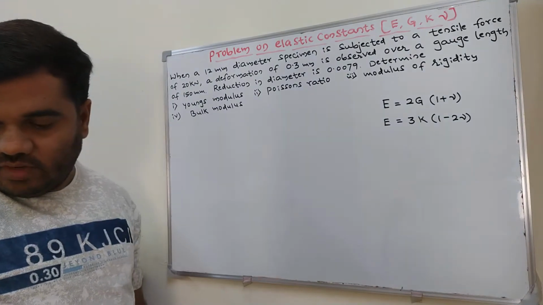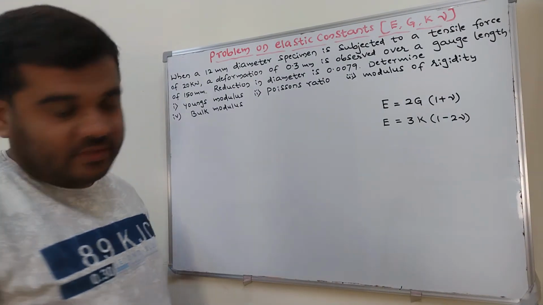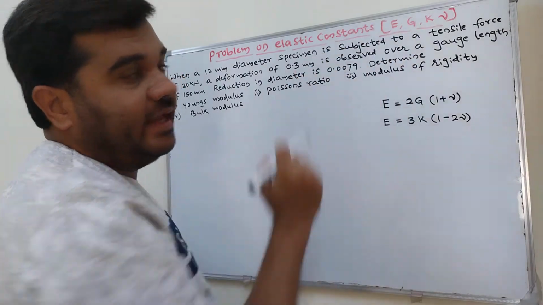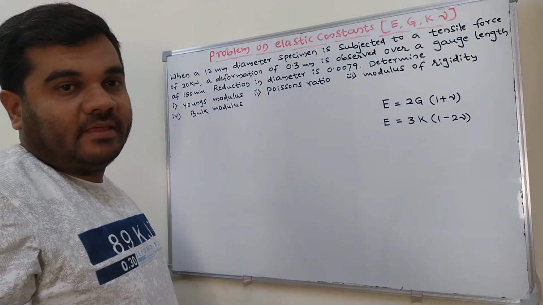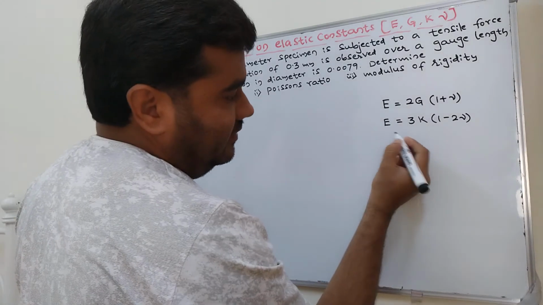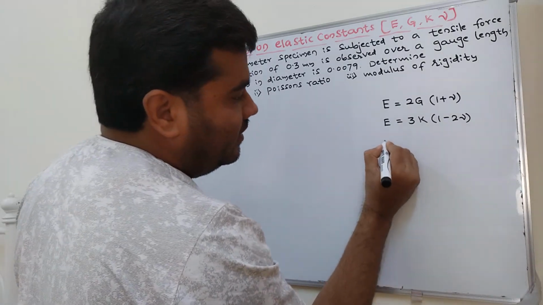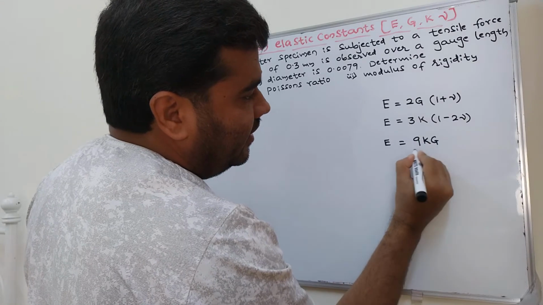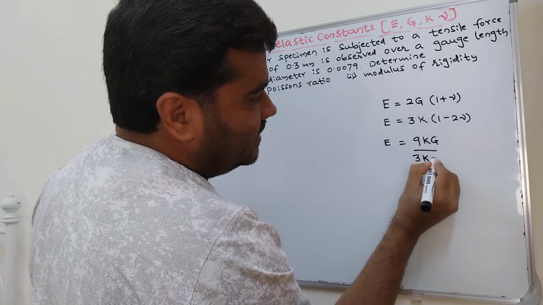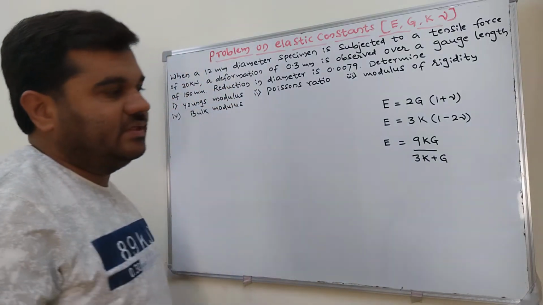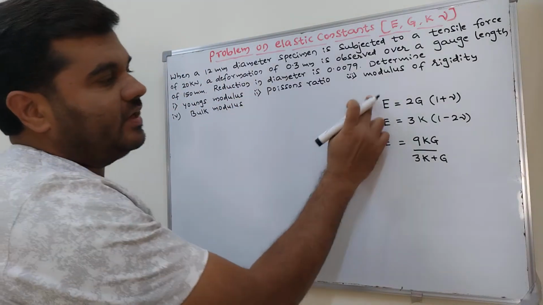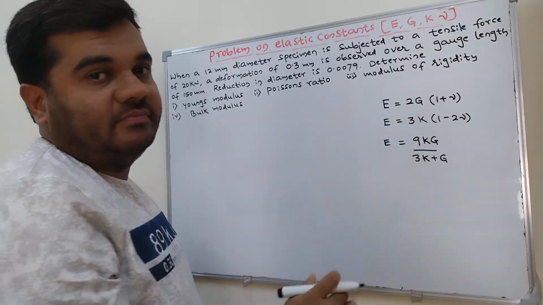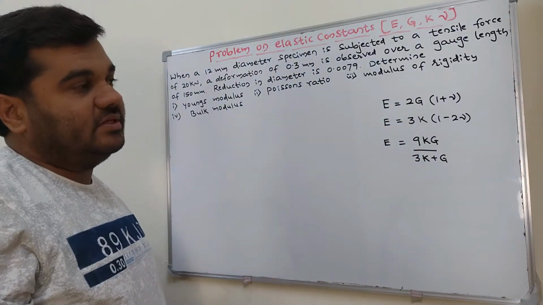If you want the relation between E, G and K, we also derived E equal to 9KG divided by (3K plus G). These are important relations, and they will help while solving the problems here.